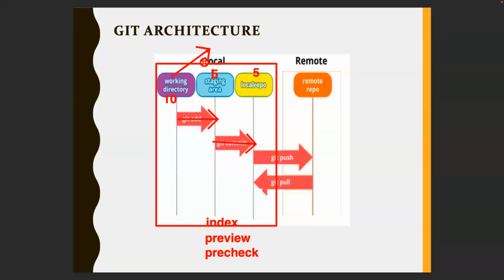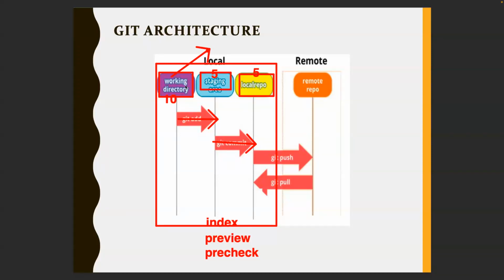Okay, so this is called Git tree or Git architecture, and this is how the changes move, right? Here, let me tell you few interesting things. Till now we were talking about, okay, this is one folder, this is like a virtual thing, and this is another folder, right?